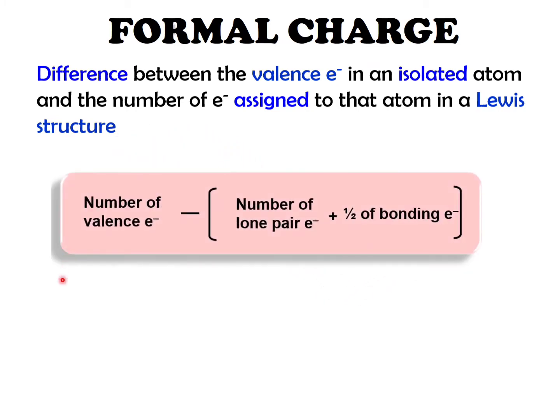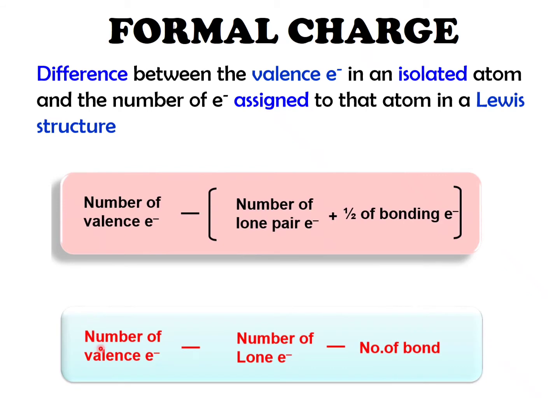We are going to use this formula to calculate the formal charge for each atom: the number of valence electrons minus the total number of lone pair electrons plus half the bonding electrons. Most students don't understand this formula well, so I will simplify it using a formula I made myself so you can understand better: number of valence electrons minus number of lone electrons minus number of bonds.